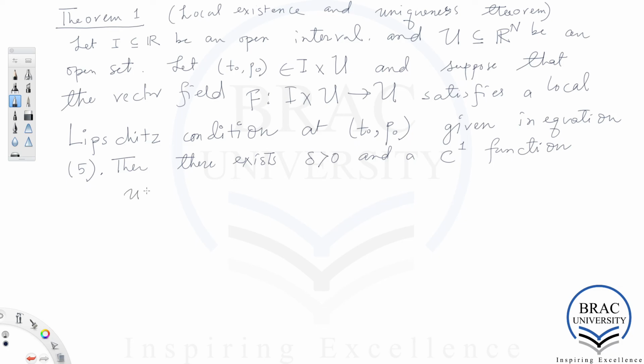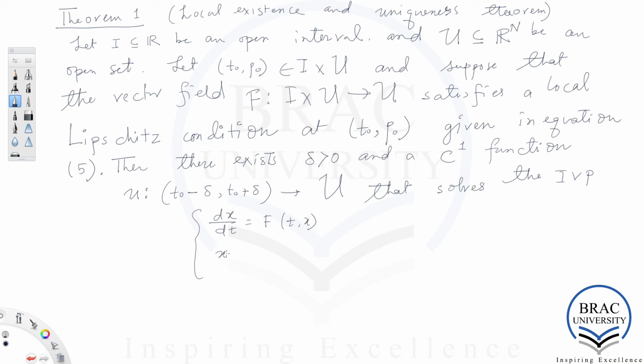A C1 function u from (T0 minus delta, T0 plus delta), this open interval, to big U, that solves the following IVP: dx/dt is equal to f(t, x), and x at t0 is equal to p0, over the interval (T0 minus delta, T0 plus delta).